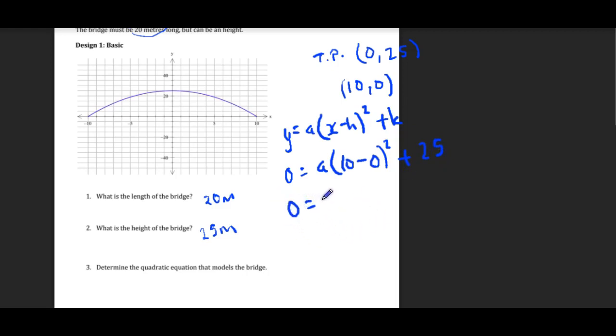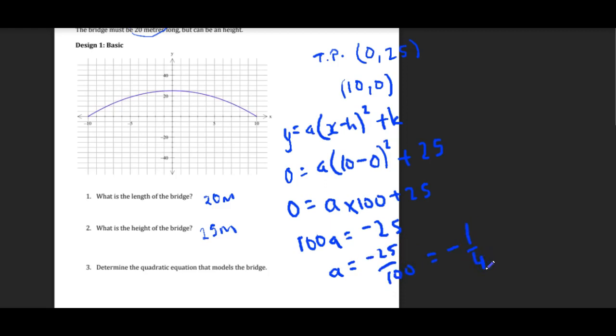So you can do this on your calculator unless it was a show that question. So 10 minus 0, so 10 squared is 100. And then we have 100a equals -25. So a equals -25 over 100, which is -1/4.